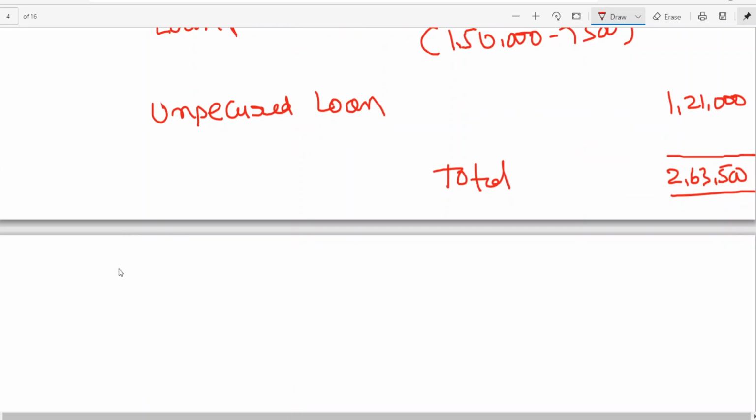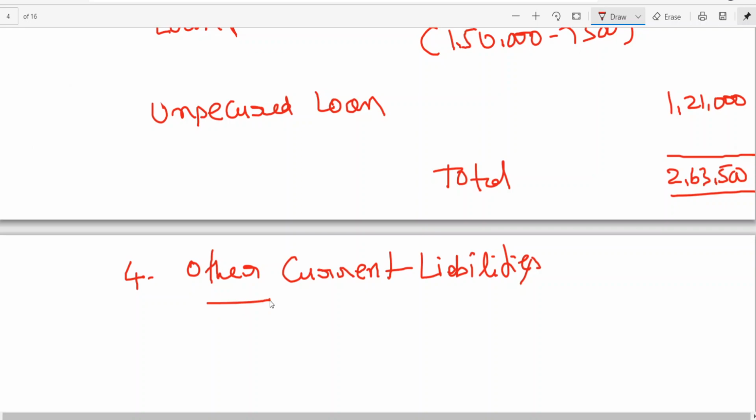So fourth adjustment, other current liabilities.